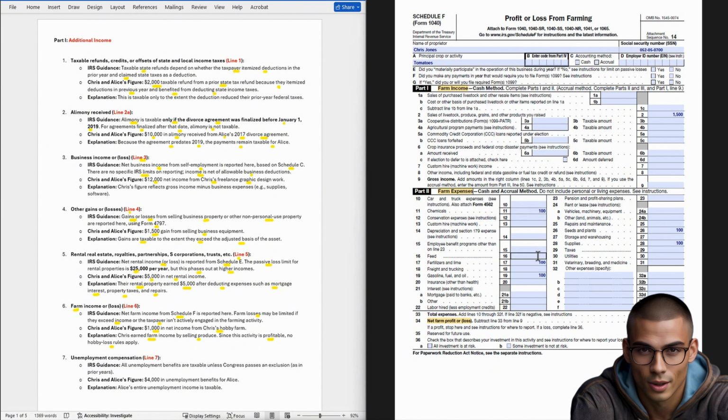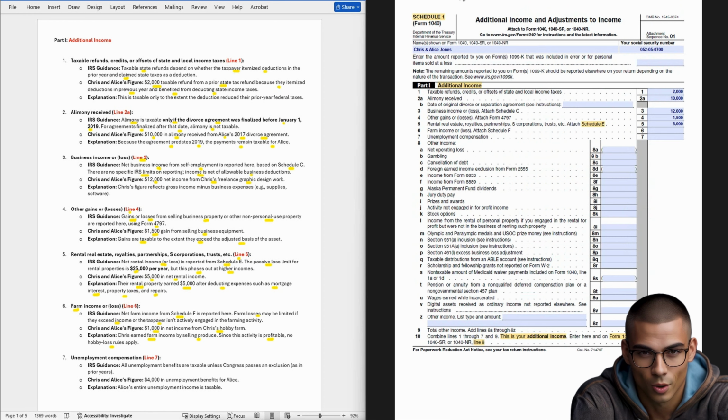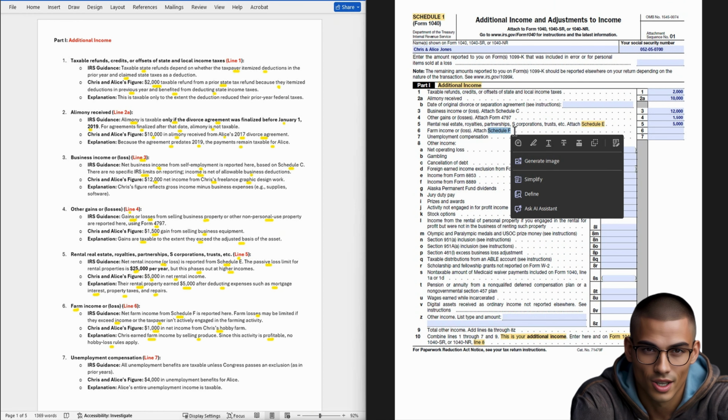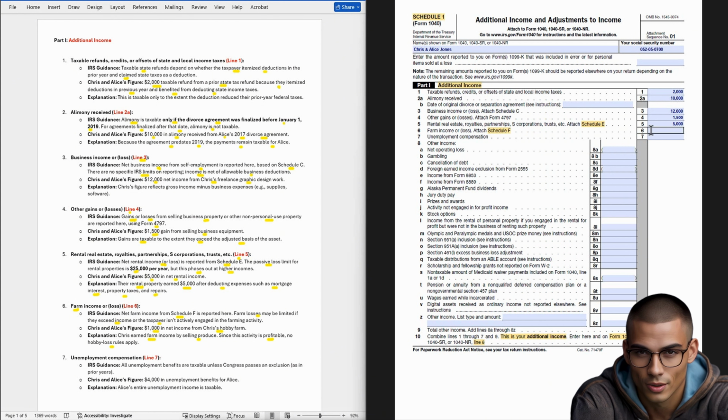He had chemicals, fertilizer, gasoline, seeds, and supplies for $500. So his net farm profit is $1,000, which would go on line 6 here, and that would be $1,000 that Chris would report for his tomato farming.